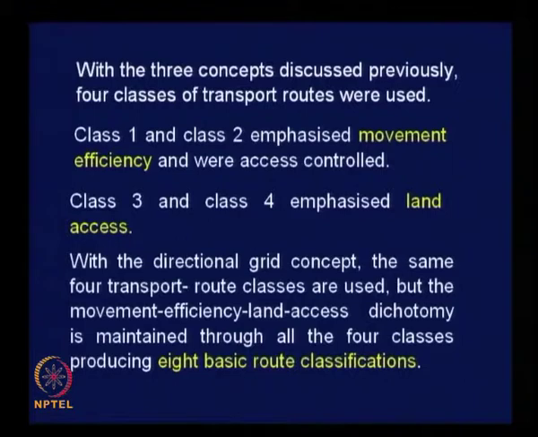With the directional grid concept, the same 4 transport route classes are used without change, but the movement efficiency and land access dichotomy, which are opposing in nature, conflicting objectives, is maintained through all the 4 classes, producing 8 basic route classifications. Clear?